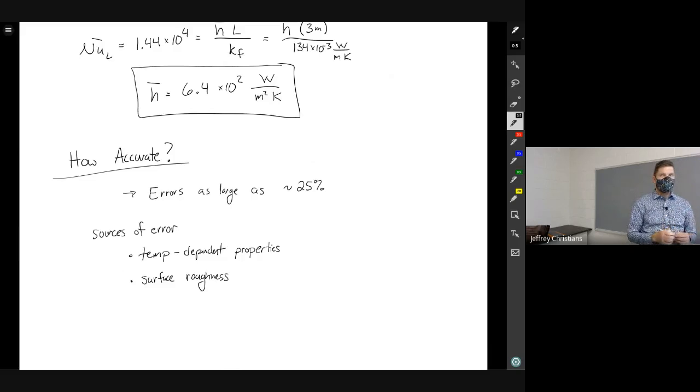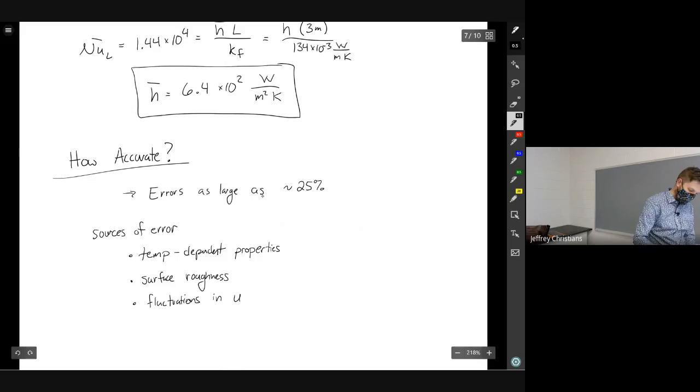Surface roughness is one part. So is fluctuations in the free stream velocity. If it's six meters per second on average, but it's varying a lot, or there is some turbulence in that free stream, that can cause turbulence to happen earlier, which can give you pretty different results.